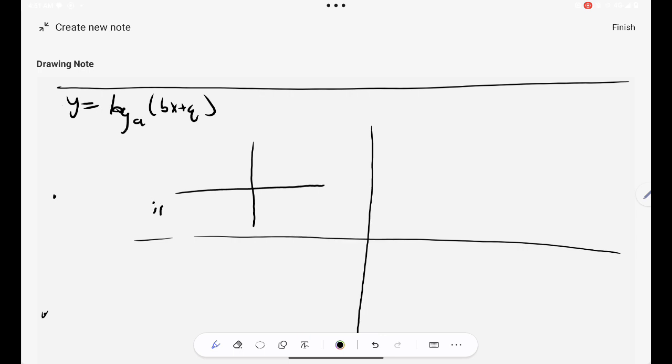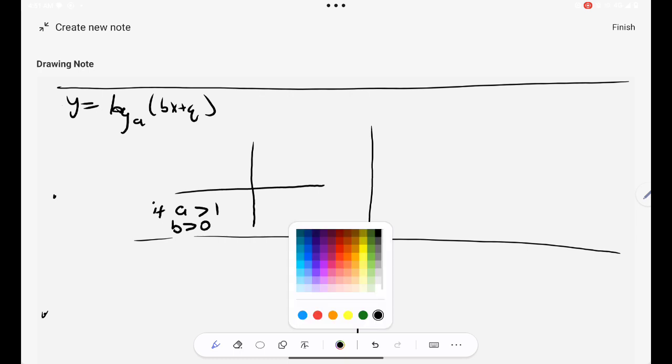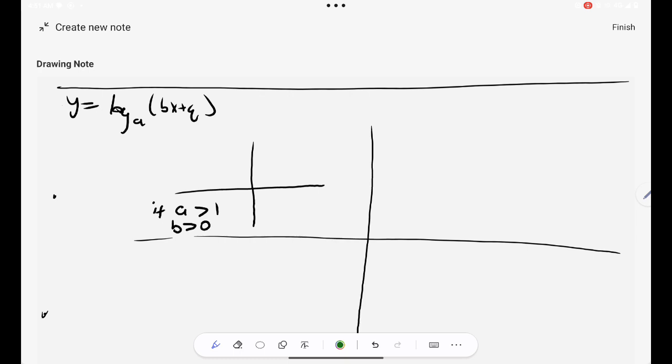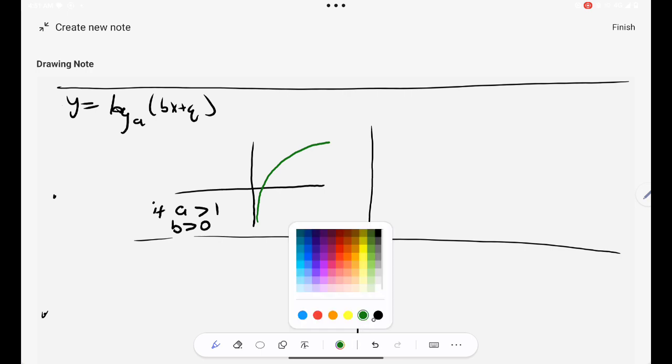If a is a number which is greater than 1 and b is positive, it simply means our graph will be on the right hand side of the asymptote and it will be increasing like this. All together.